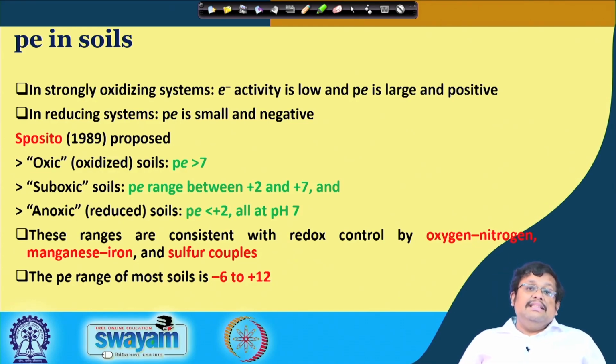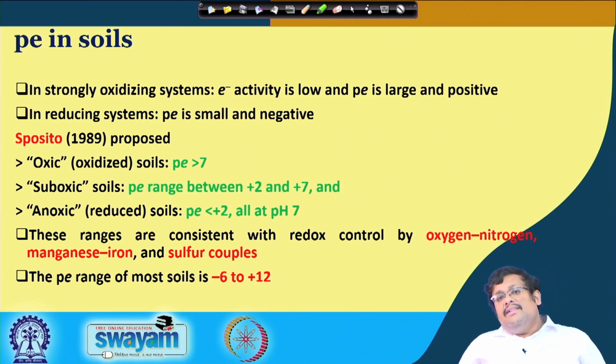So, basically the ranges are consistent with redox control by oxygen, nitrogen, manganese, iron and sulfur couples. However, the PE range for most of the soil varies from minus 6 to 12.